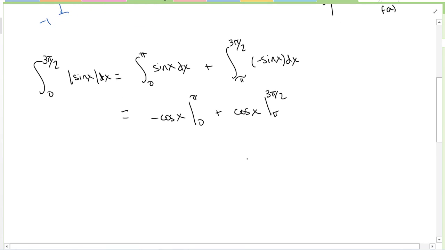And then you evaluate. So cosine of pi is -1 minus cosine of 0, which is 1, plus cosine of 3 pi over 2, which is 0, minus cosine of pi, which is -1.